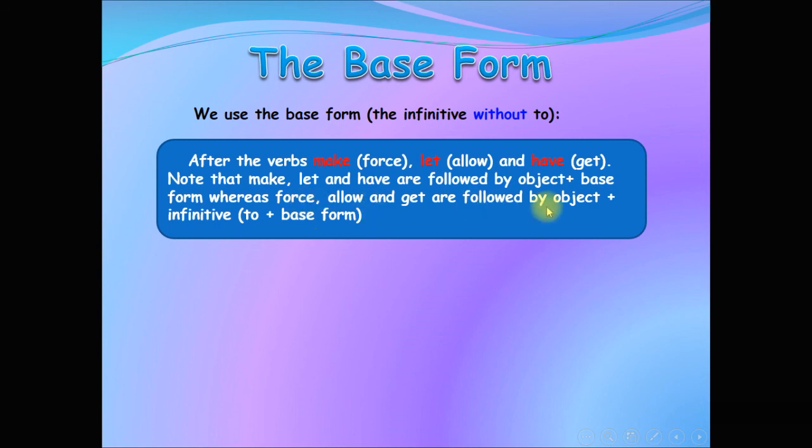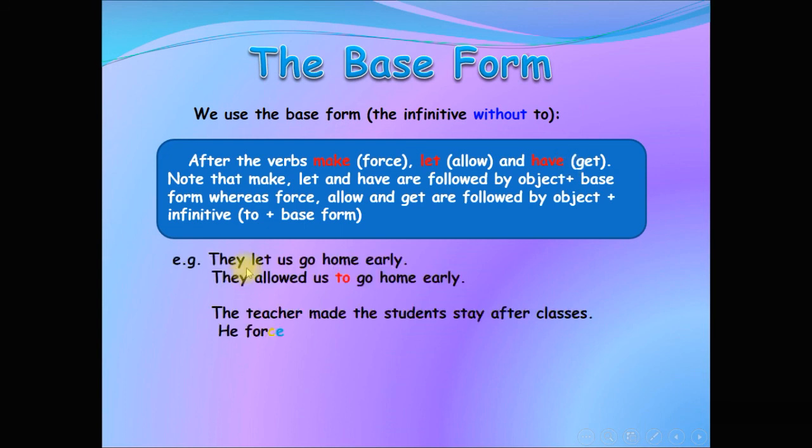So remember, when you have a sentence using make, let, have, usually you will not have "to", but you will have the bare infinitive only. Okay, these are the examples. They let us go home. So you will not make a sentence like "they let us to go home", but "they let us go home early". They allowed us to go.